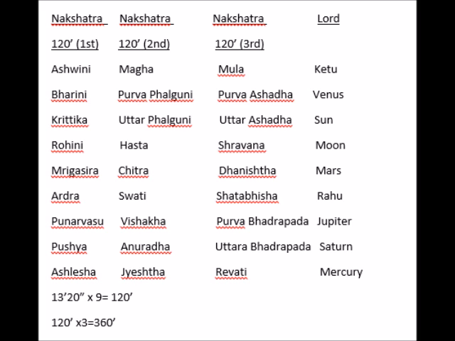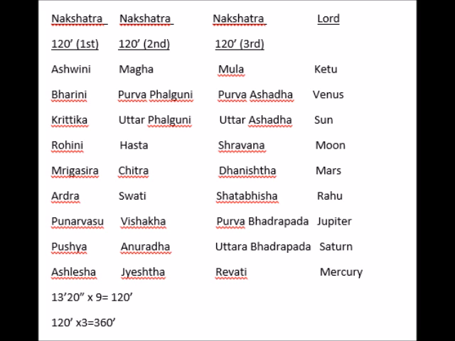As far as rulership is concerned, Venus will also repeat itself after 9 nakshatras, Sun is going to repeat itself after 9 nakshatras, and so is the case with Moon, Mars, Rahu, Jupiter, Saturn, and Mercury.